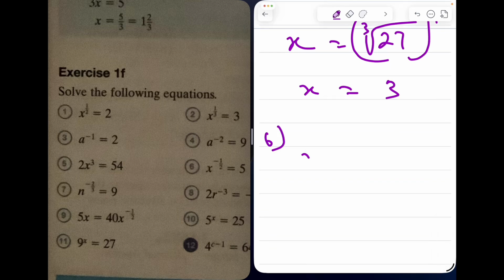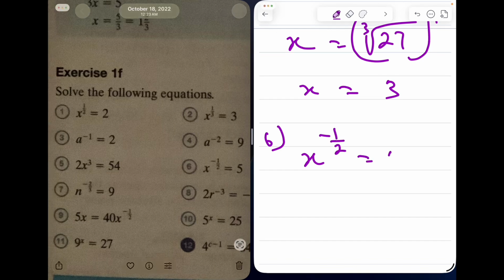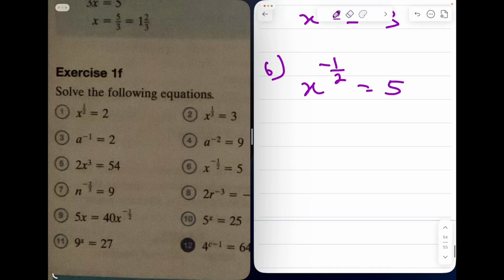What does that say? x raised to power minus 1 over 2 is equal to 5. And this simply means 1 divided by x raised to power 1 over 2.